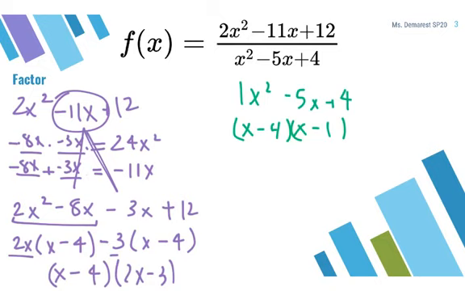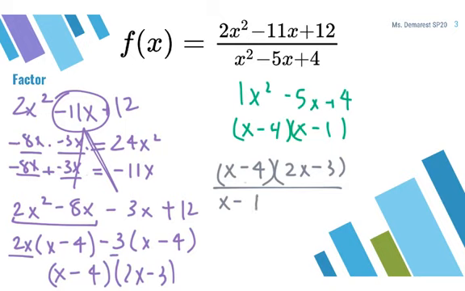So now I have my numerator is x minus 4 times 2x minus 3, and my denominator is x minus 4 times x minus 1, right?